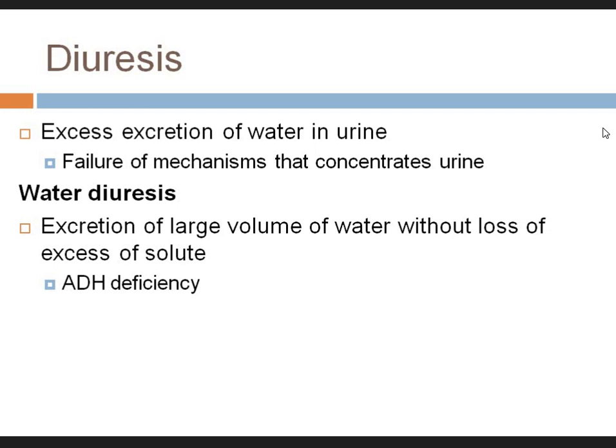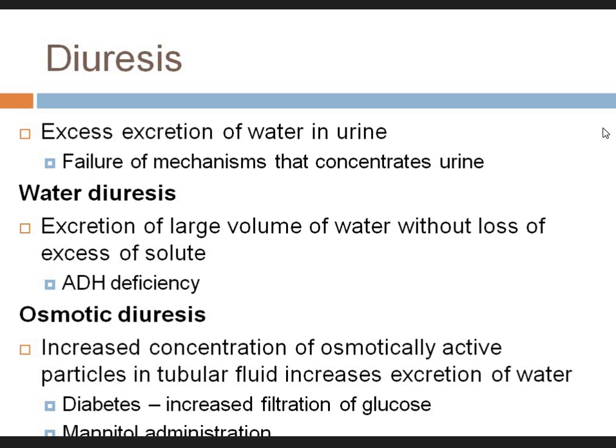Basically, diuresis can be either water diuresis, that is, when there is excretion of large volumes of water without loss of excess solutes, as happens in ADH deficiency. Okay, in ADH deficiency, there is excretion of large volumes of water without loss of excess solutes. So that is water diuresis, when only water is being lost.